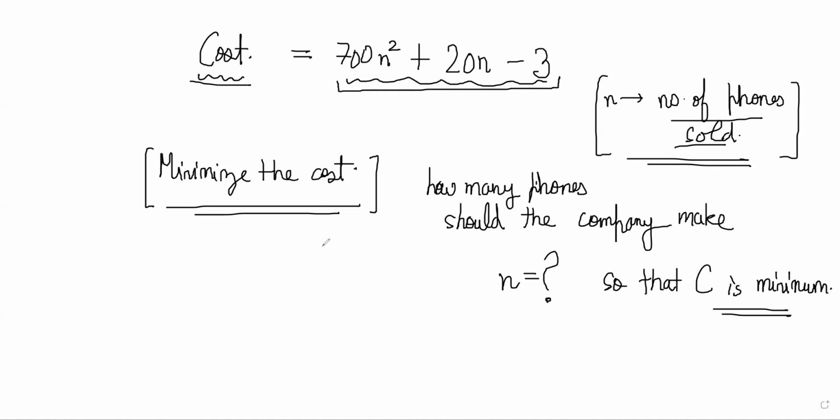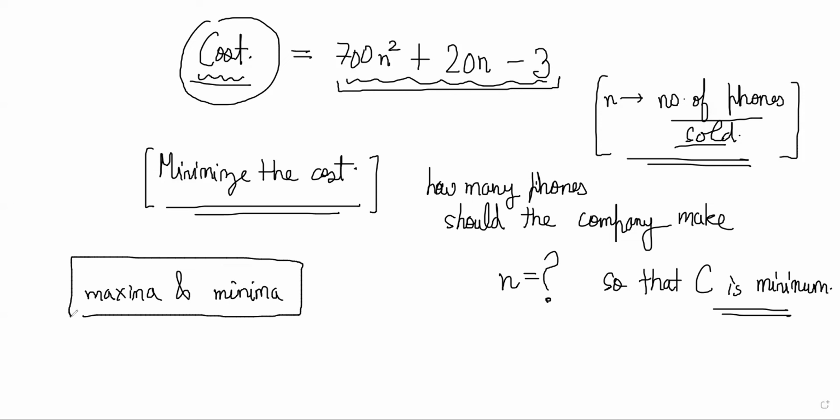That is another type of question where calculus helps us do this very easily. How to find the particular value of n so that you can minimize the cost, right? So problems involving maxima and minima are a major application of calculus. Calculus helps us solve such problems in a nice, easy way, right?